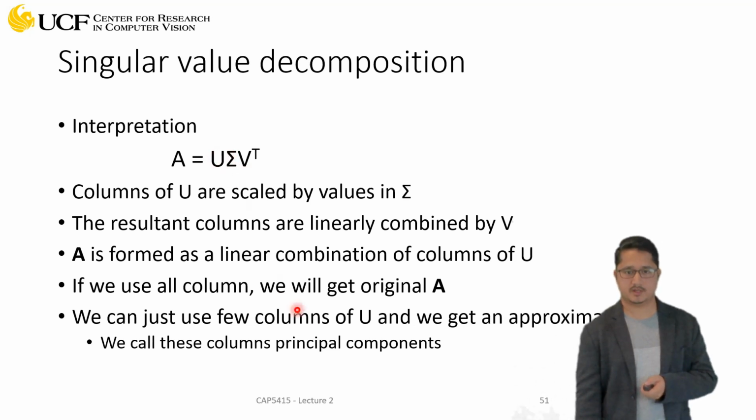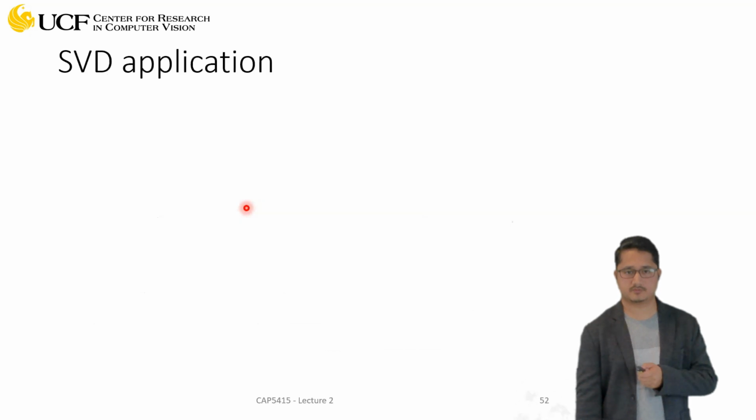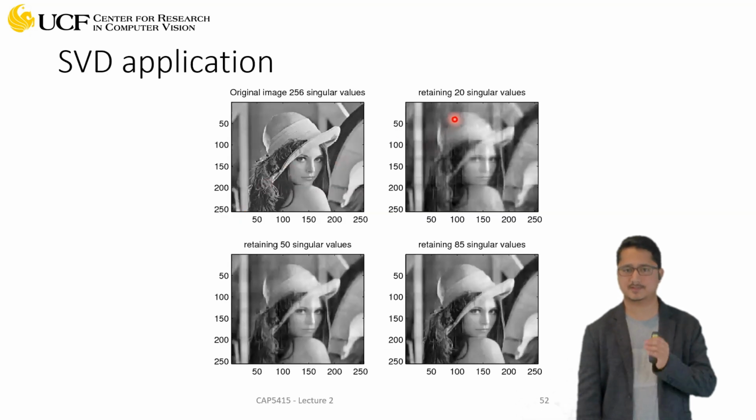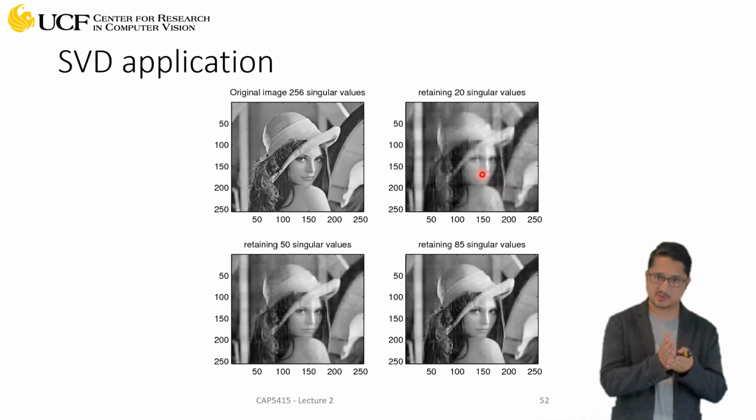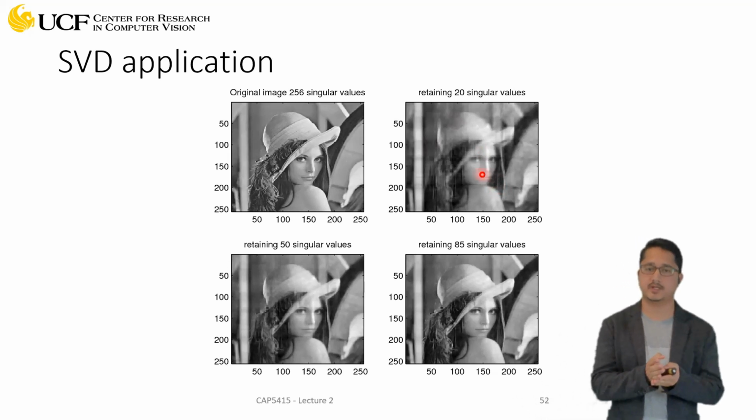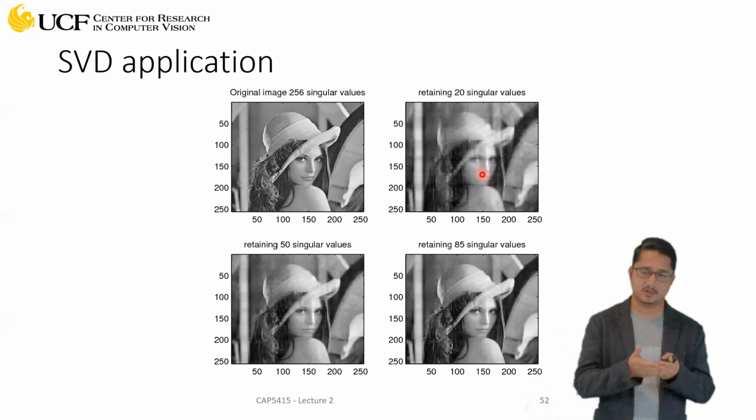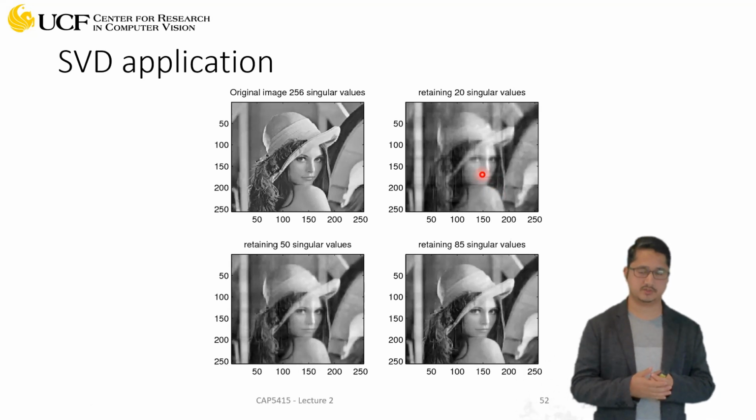Okay. And if we do that, let's say we just select 20 of the columns from U, then we are still able to reconstruct this image. You can see that the principal components found using that decomposition allowed us to find the very salient components of this image.